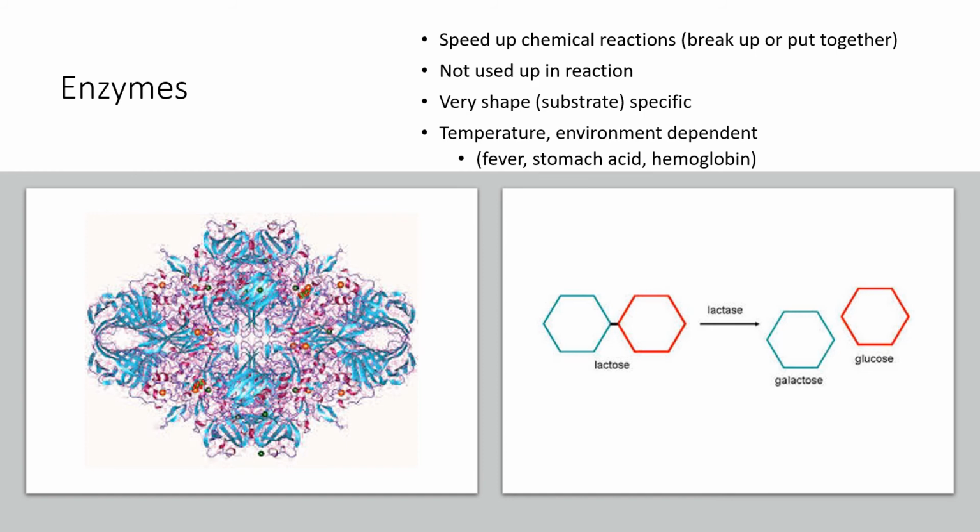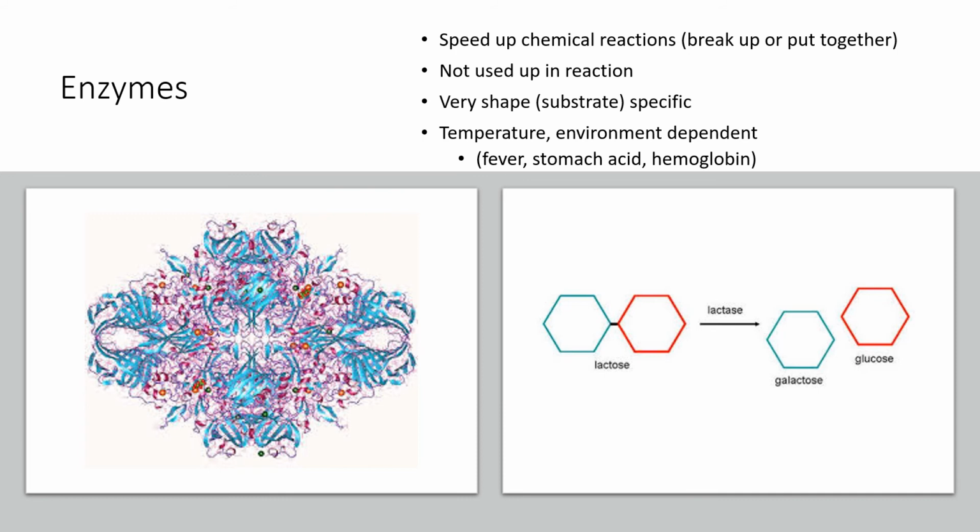Also, because enzymes are shape specific and because proteins can denature depending on their environment, they're very sensitive to temperature changes. They're sensitive to the environment. So if it's too acidic or not acidic enough, so if you have a fever or if you have too much stomach acid, all of these things can make proteins either work not very well or not work at all.